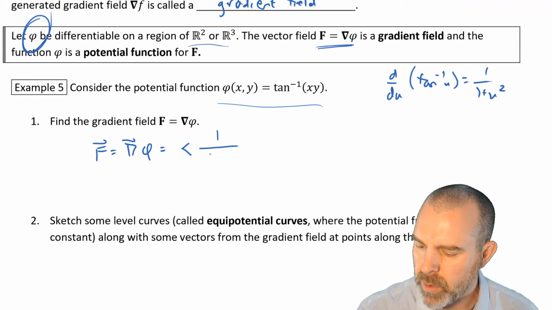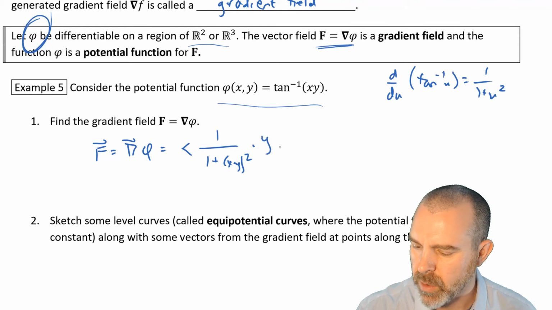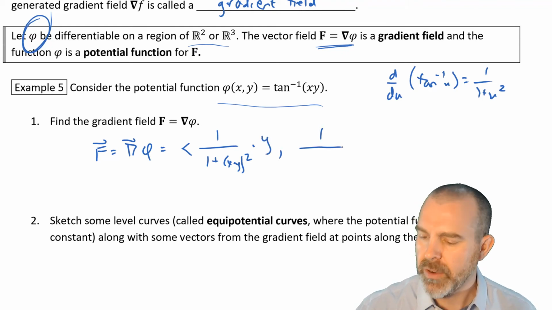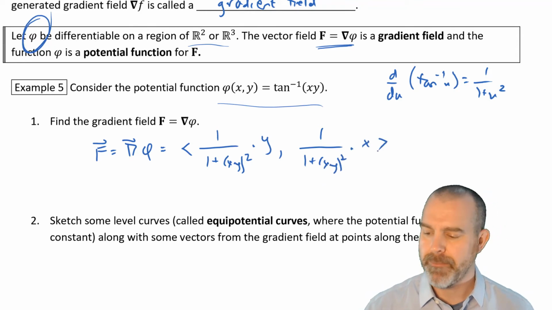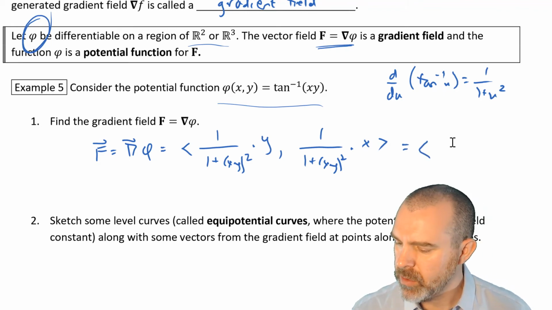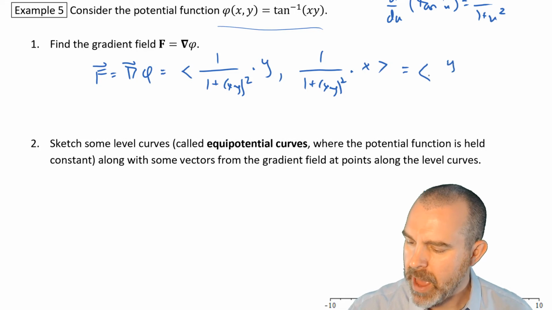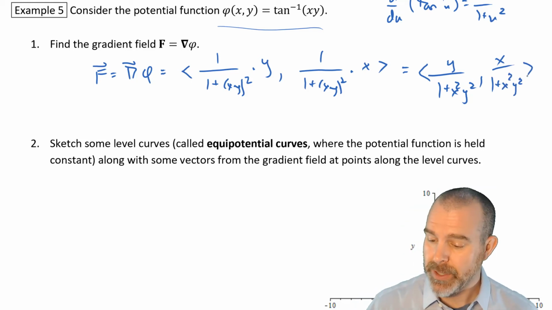So this will be 1 over 1 plus (xy) squared, but then I have to take the derivative with respect to x of the xy, so there's a y. And then similarly, the derivative with respect to y, 1 over 1 plus (xy) squared, but then I have to take the derivative with respect to y, and that would be x. So simplifying this, we get y over 1 plus x squared y squared, and then x over 1 plus x squared y squared. So that's the gradient field.